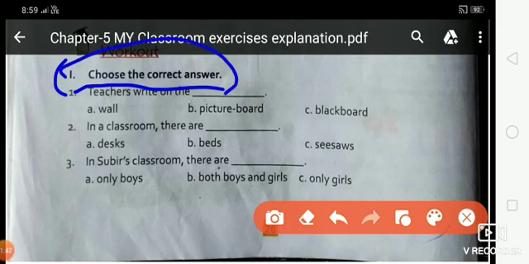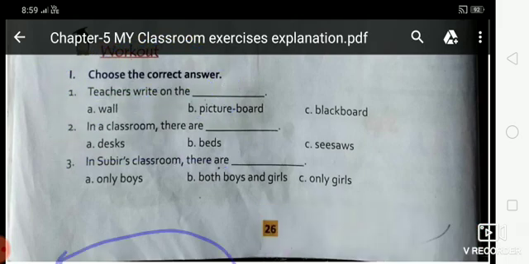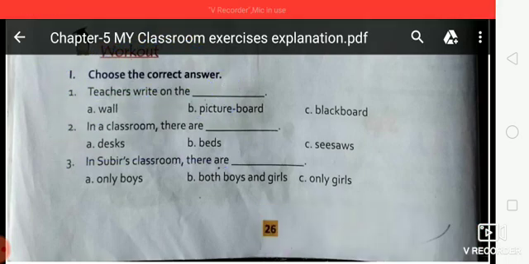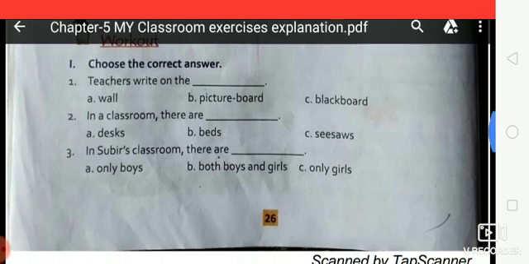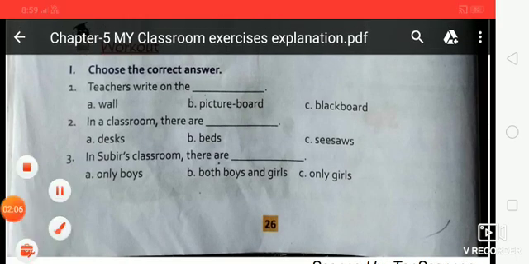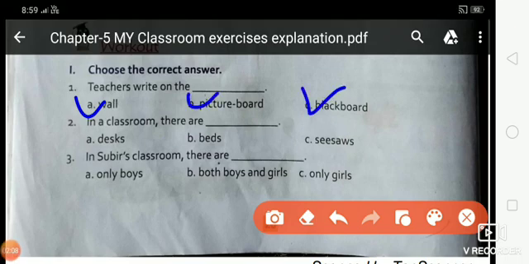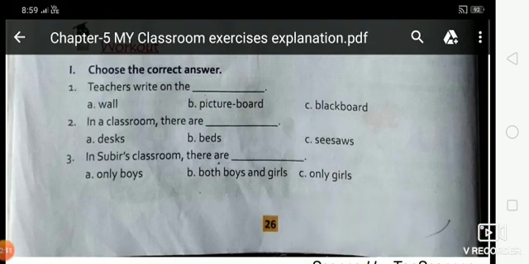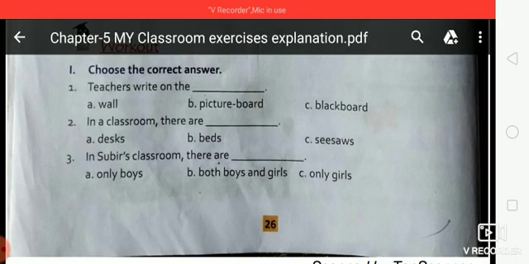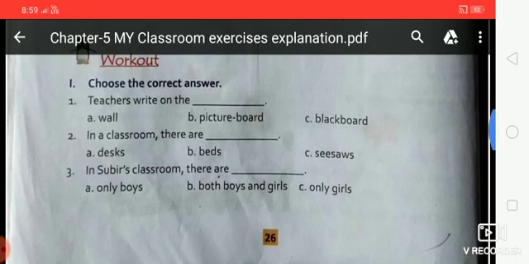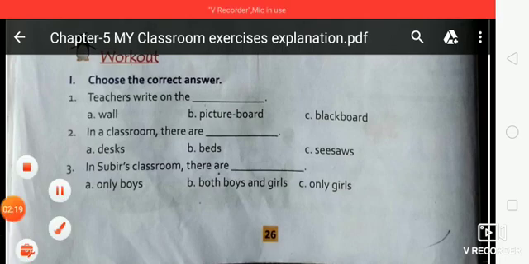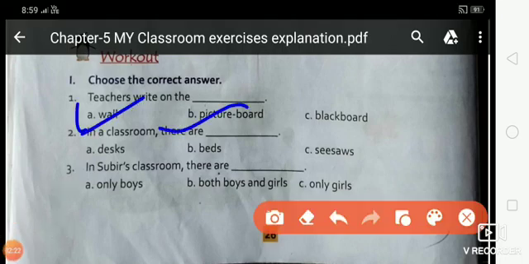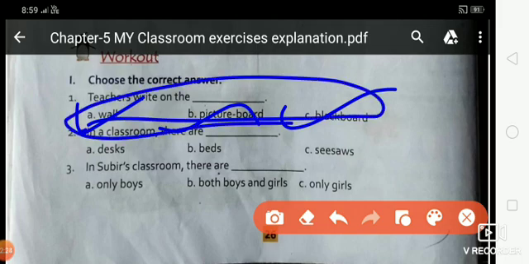Here you can see 4 incomplete sentences are given, and each sentence has 3 options, 1, 2 and 3. You have to choose the correct answer out of these 3 options.